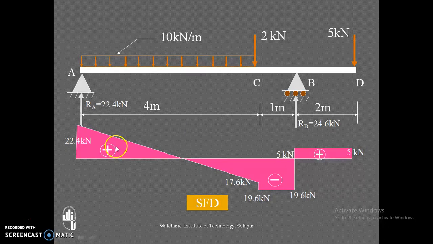This portion A to C has the UDL, that's why these points are joined by a straight linear line. From C to B the shear force is constant, that's why a horizontal line is shown. From B to D the shear force also remains constant, so it is also shown as constant.